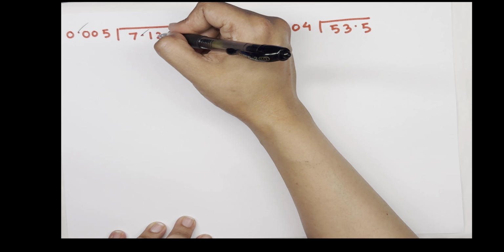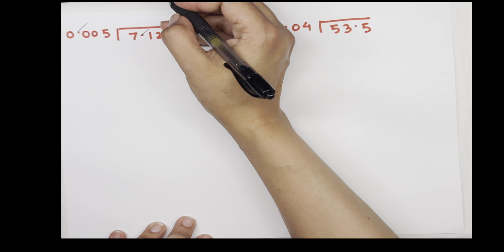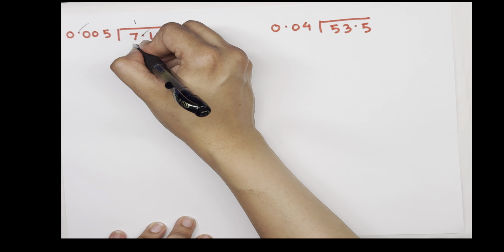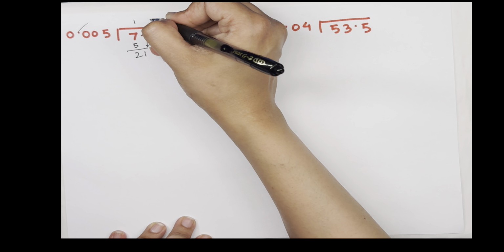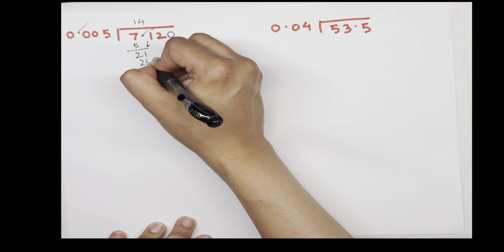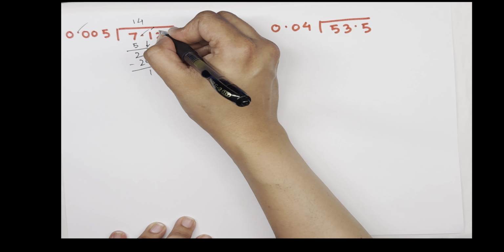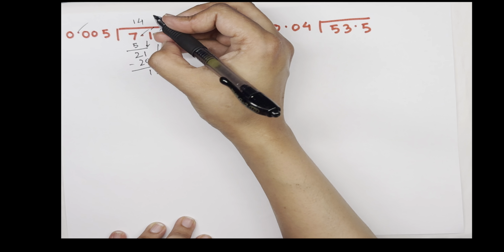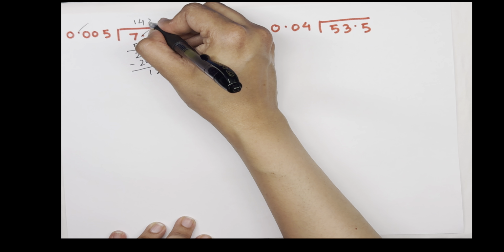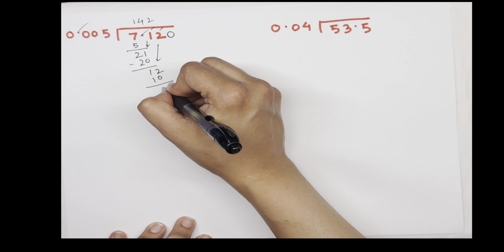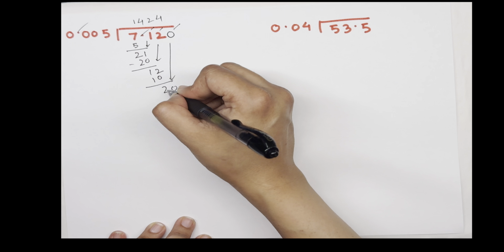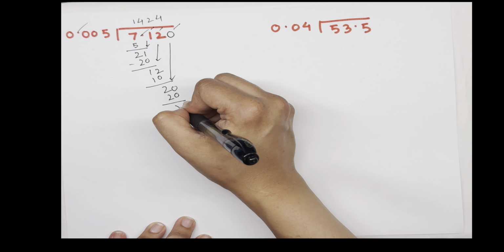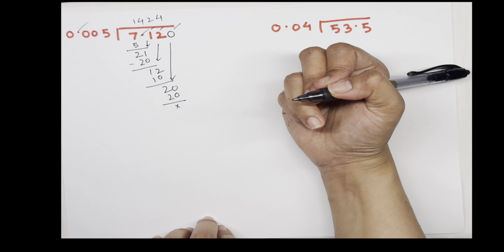Now it becomes 7120 divided by 5. 5 times 1 is 5, 2, bring down the 1, 5 times 4 is 20, minus 1, 5 times 2 is 10, then last is 0, 5 times 4 is 20. It becomes a whole number, 1424.